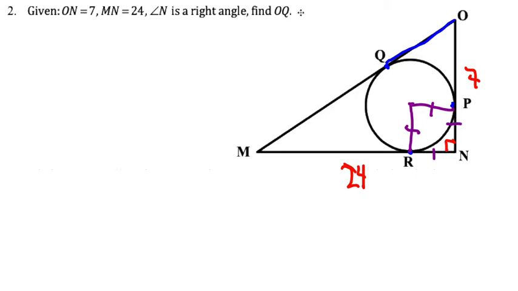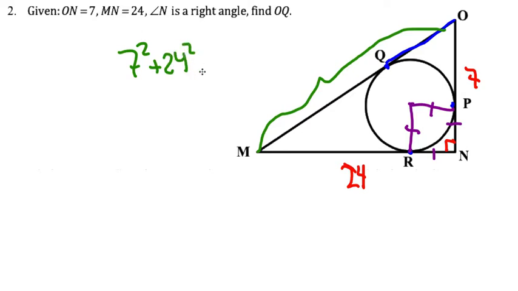Now, before we get too far into this, we do need to figure out the length of MO, which means we're going to use the Pythagorean theorem. 7 squared plus 24 squared equals, in this case, let's call it x squared. So let's go ahead and label that x. So what does that mean? Well, it means that I can never remember what 24 squared is. So 24 times 24 is 576.